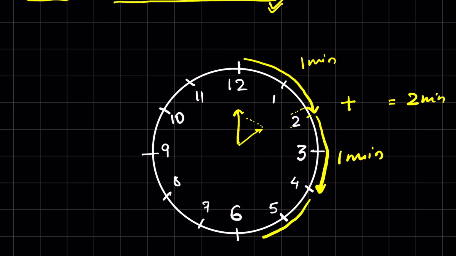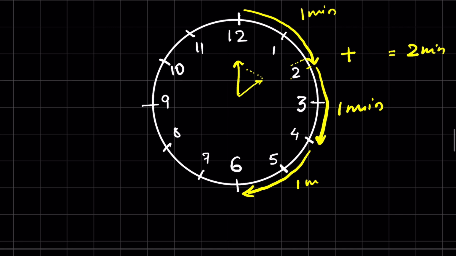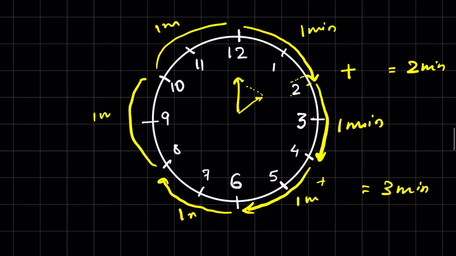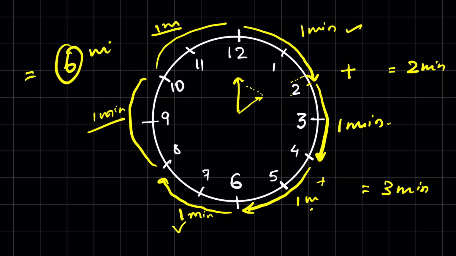Then from 4 to 6, it has again lost 1 minute, and total it has lost 3 minutes. And from 6 to 8, again 1 minute, and 8 to 10, 1 minute, and 10 to 12, 1 minute. So total time that it has lost is 1 plus 1, 2, plus 1, 3, 4, 5, 6. So total 6 minutes it has lost in 12 hours.